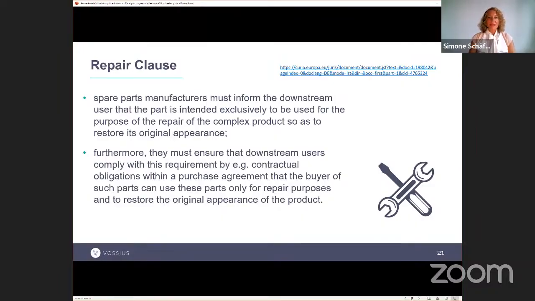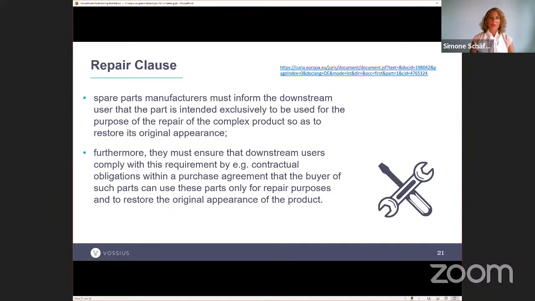On the other hand, it's very important that even if these kinds of manufacturers were free to offer these kinds of spare parts despite possible design protection in the hand of, for example, the car manufacturers, these spare part manufacturers must inform the downstream user that this part is exclusively used for the purpose of repair.